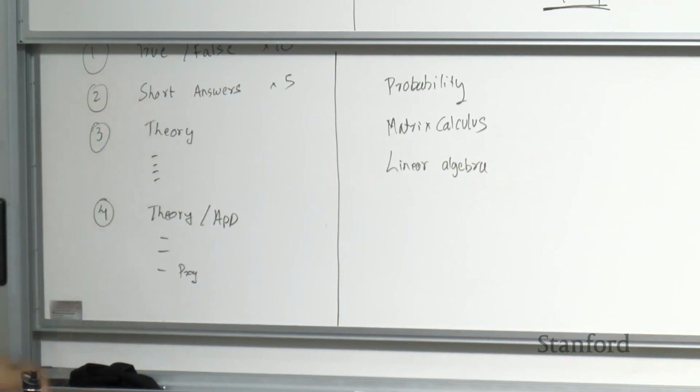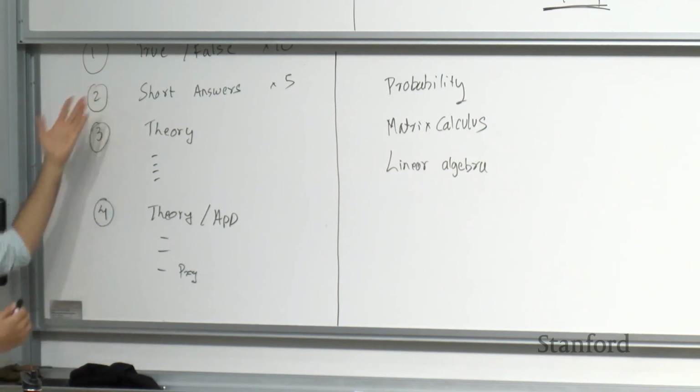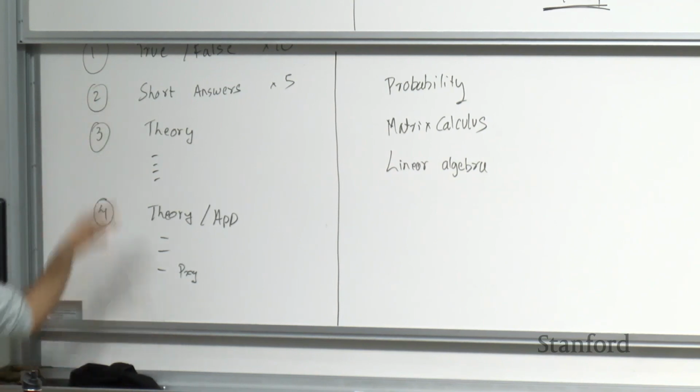Similarly, for short answers, we expect you to derive an answer, but we only expect you to provide 1 or 2 sentences of reasoning or justification. So if you know the answers, you can finish 1 and 2 in a few minutes, right? But if you spend more time on this, you could potentially spend the entire 24 hours on just answering these. So it's very hard to tell how long it's going to take.